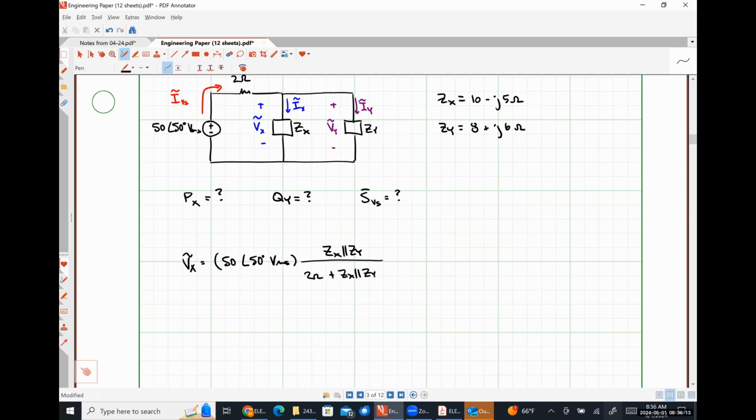So that's going to look like 50 angle 50. Actually, I'm going to do Zx in parallel with Zy. Save that in my calculator so I can be as lazy as possible, because that's what I'm all about, right? So 10 minus 5i times 8 plus 6i divided by 10 minus 5i plus 8 plus 6i.